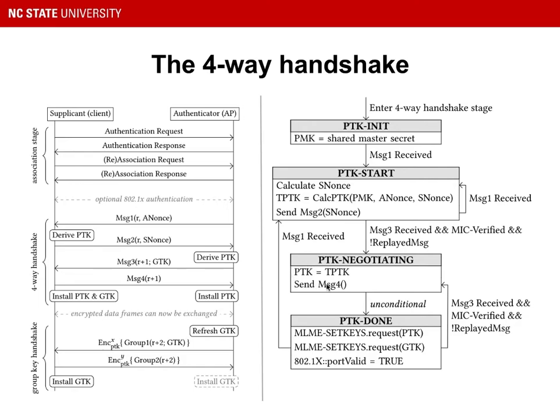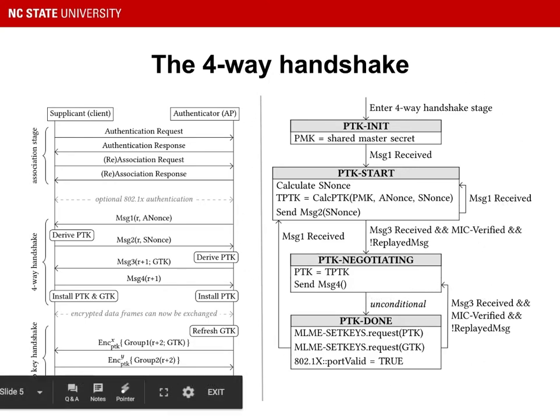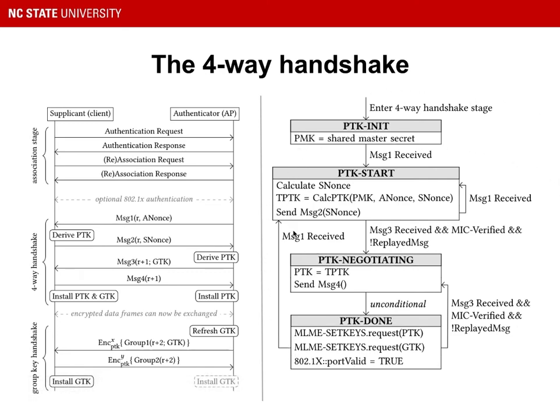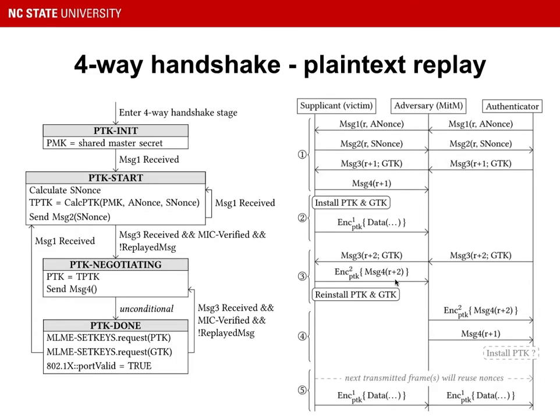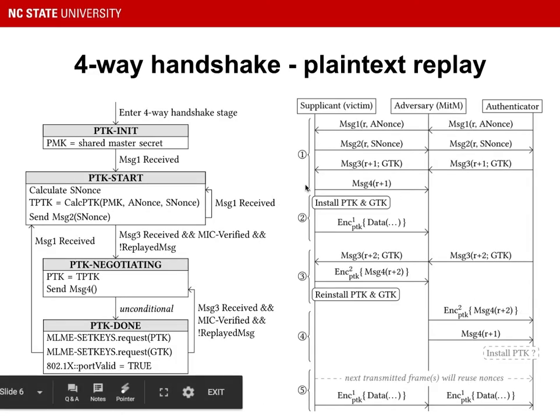In such a case, the client is supposed to be able to receive message 3 and go back one state so that it can send out message 4 again. So we're going to see more in the next slides. But for now, that's basically how the four-way handshake works.